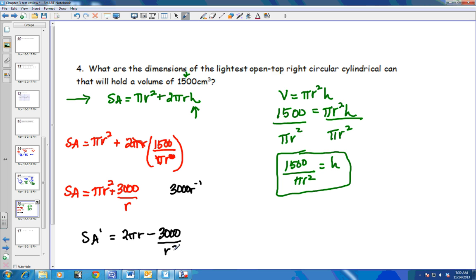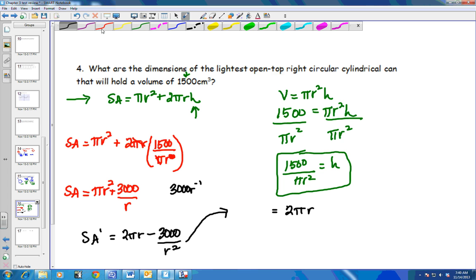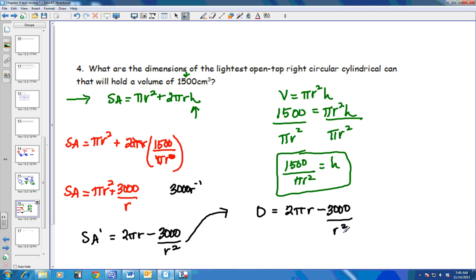And I'm going to go ahead and bring that down to the bottom. So now I'm going to bring this over here. So the derivative is 2 pi r. I'm sorry, I'm going to go ahead and set that derivative equal to 0. So 0 equals 2 pi r minus 3000 over r squared.